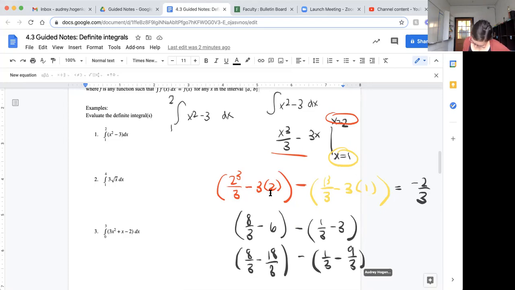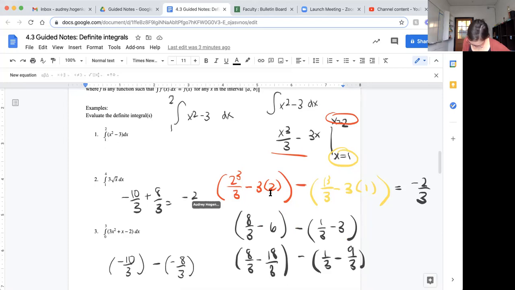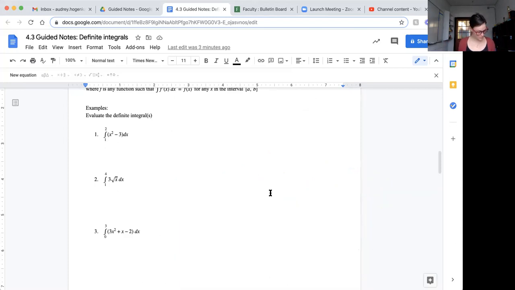Okay, so then you're going to get 8 minus 18 is negative 10/3, minus 1 minus 9 is going to be negative 8/3. So you're going to get negative 10/3 plus 8/3 is equal to negative 2/3. Okay, so I was right. Negative 2/3. Okay, let's do another example.